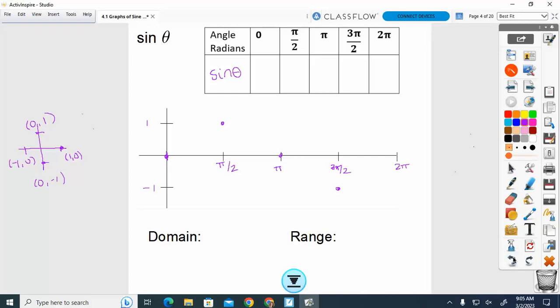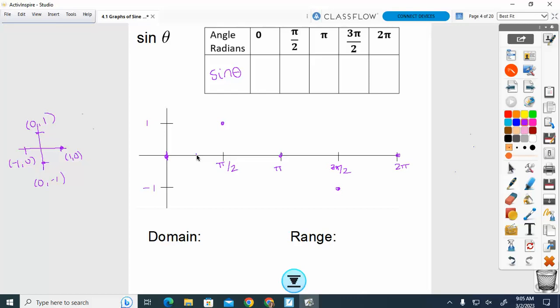So, this kind of gives us an idea. It's maybe not fully clear yet. We could plot more points if we needed to, especially this first time. Now, after we graph it today, we'll kind of know what it looks like. If I put in some other points, right in the middle of 0 and pi over 2 is pi over 4, or 45 degrees.